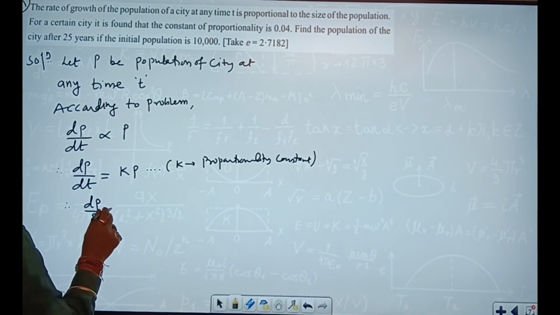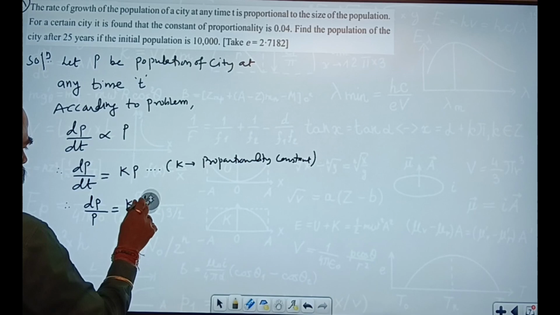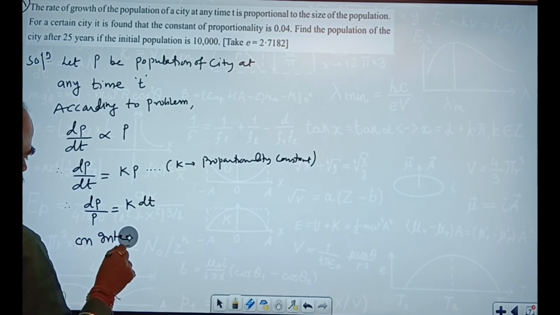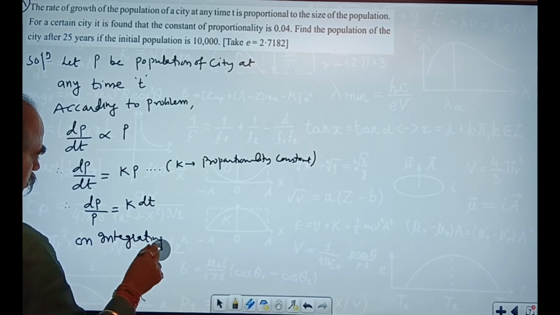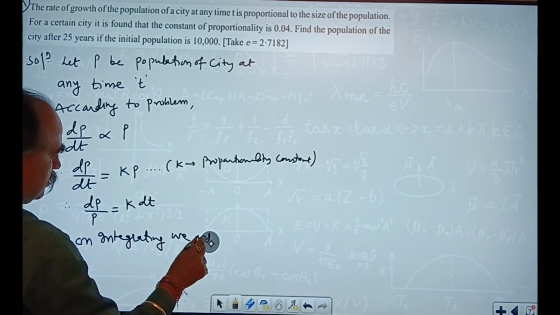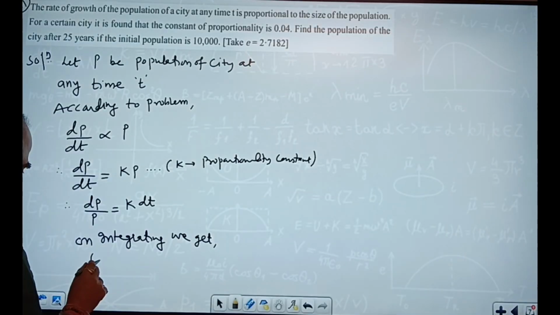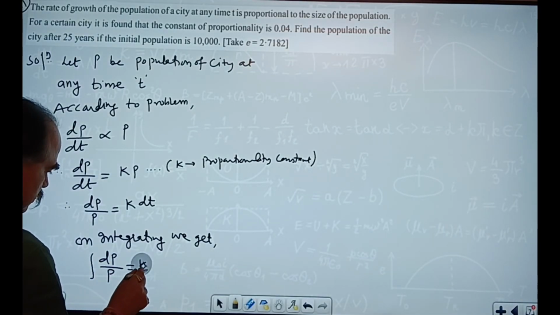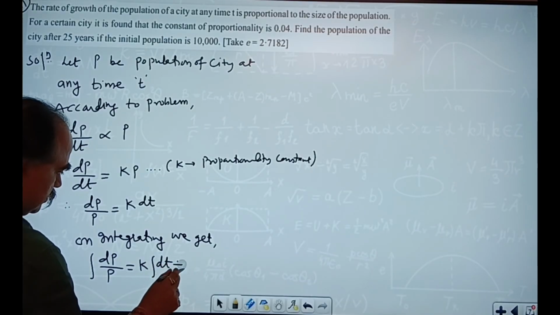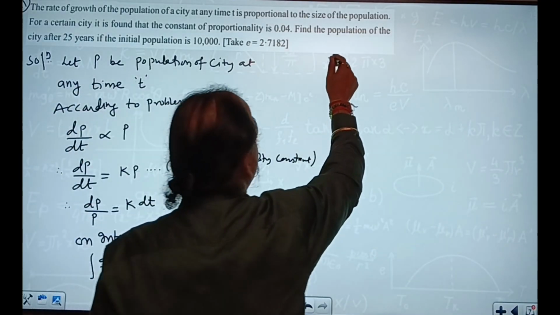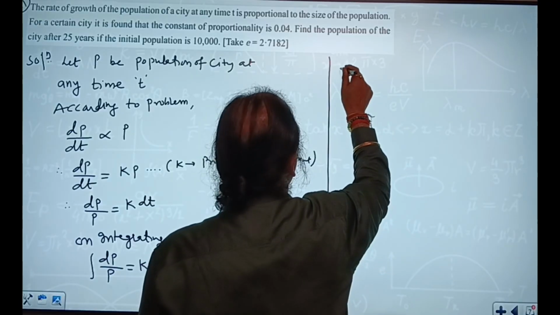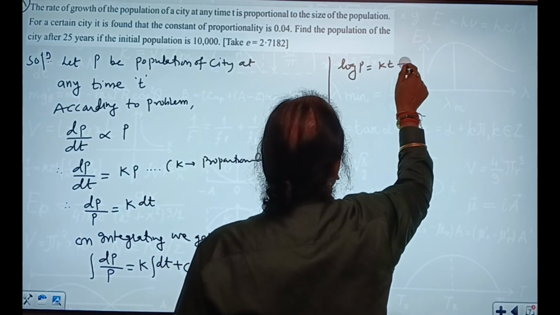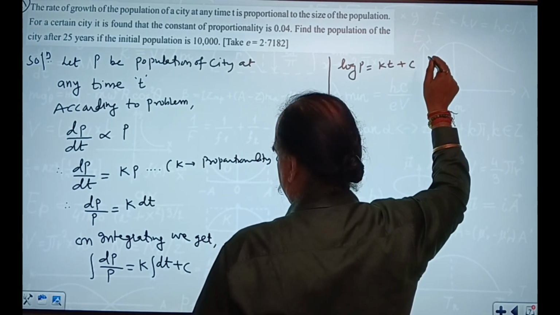dp upon p is equal to k dt. On integrating we get log p is equal to kt plus c.